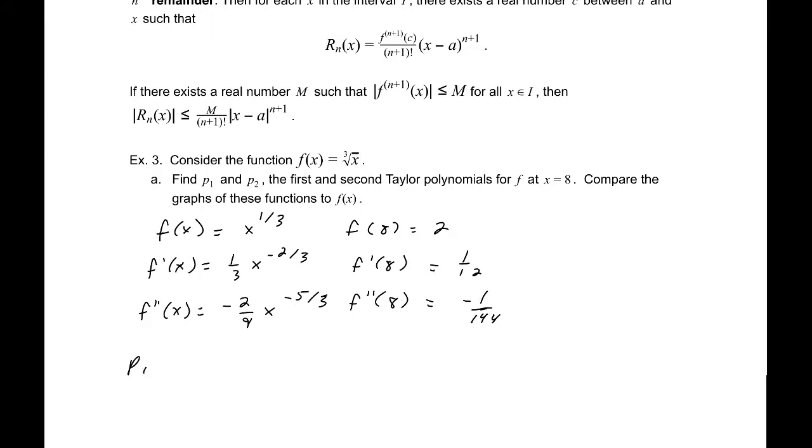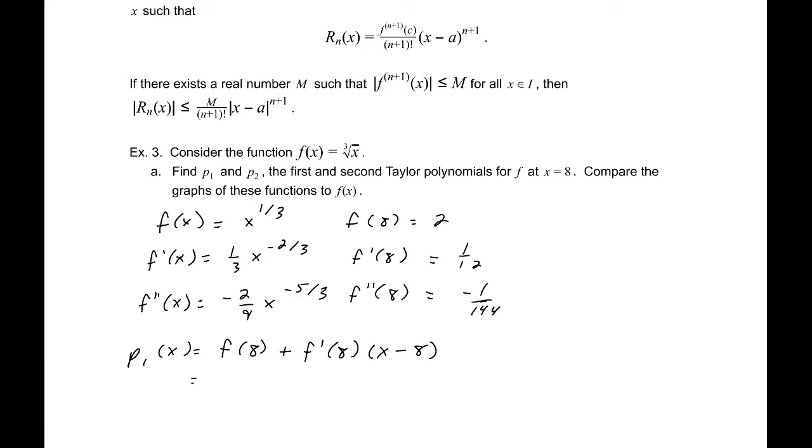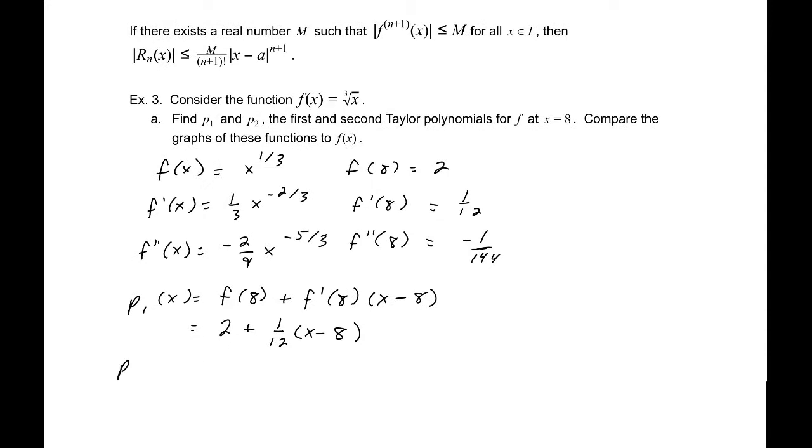P1 is f of 8 plus f prime of 8 times x minus 8. Which means we have 2 plus 1/12 times x minus 8. All right, P2 of x is f of 8 plus f prime of 8 times x minus 8 plus f double prime evaluated at 8 times x minus 8 squared.